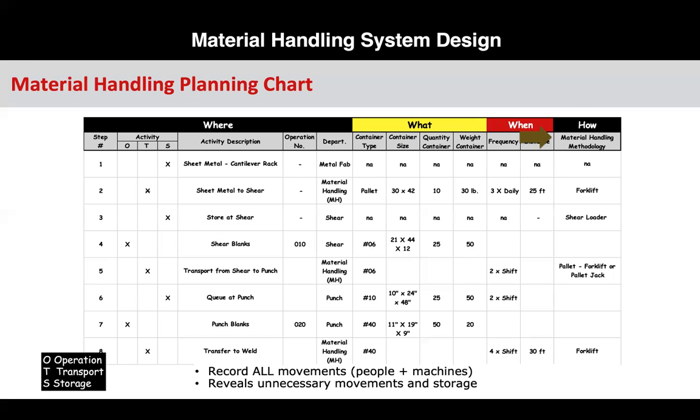You've got pallet forklifts, and probably a couple of modules away, we'll go very deep into the different material handling equipment. But right now I'm just showing the evaluation forms to help you identify what your material handling design should encompass.